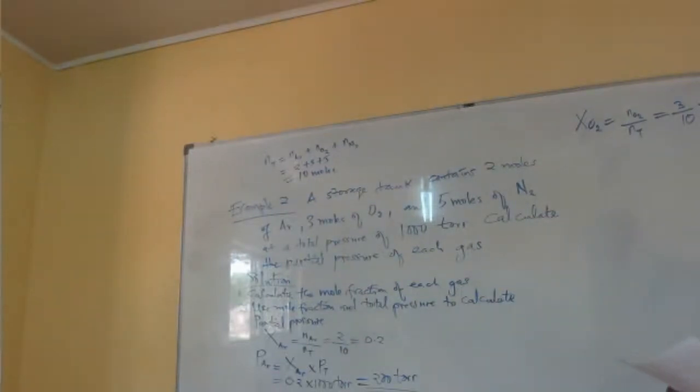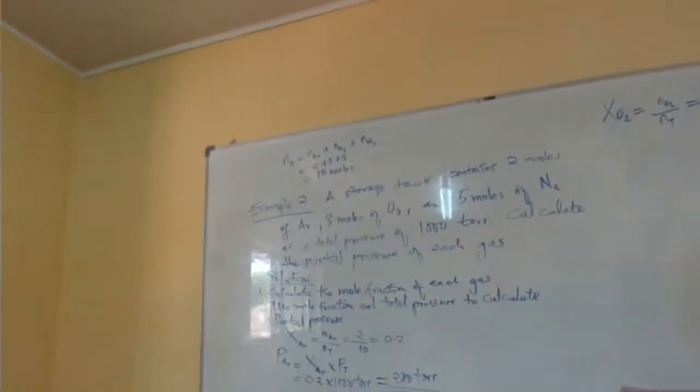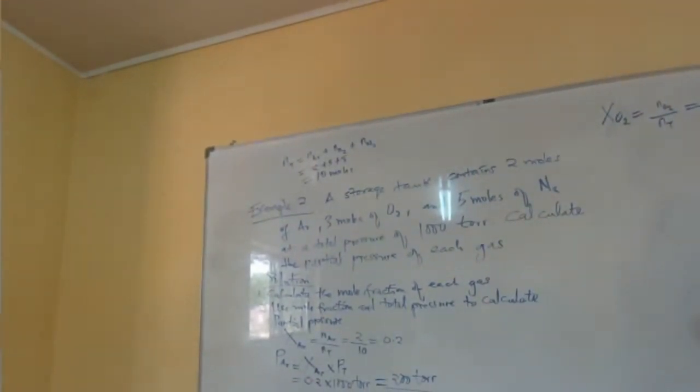Therefore, the partial pressure of oxygen is equal to 0.3 times 1,000 torr, which is going to be 300 torr.